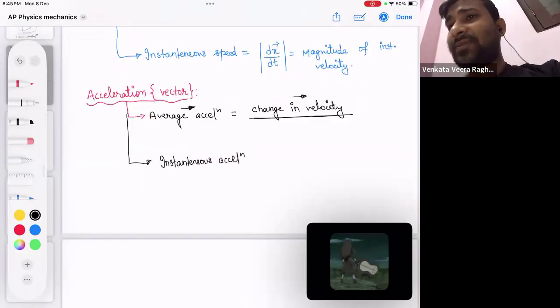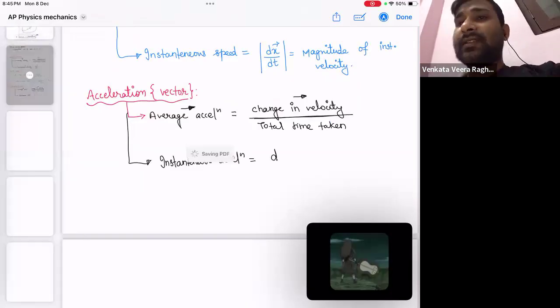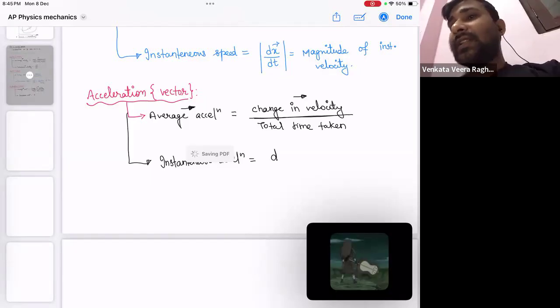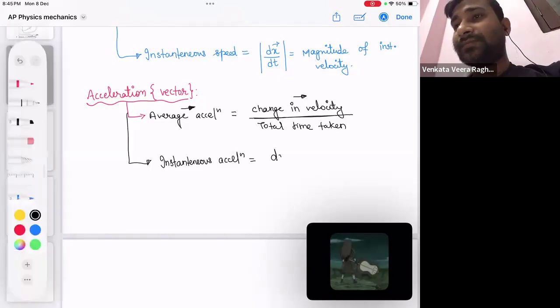I will just give you one simple example, okay? Change in velocity divided by total time taken, okay? And instantaneous acceleration, again, instantaneous means the time interval is small, that means dt. So I should take help of what? The rate of change of what? The velocity, isn't it? That is what we should use.